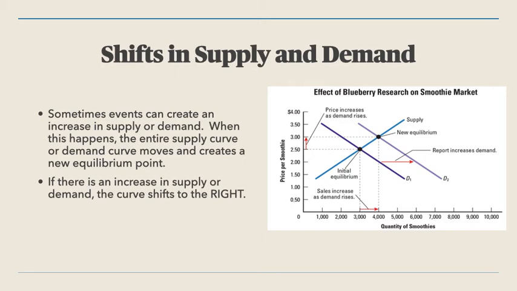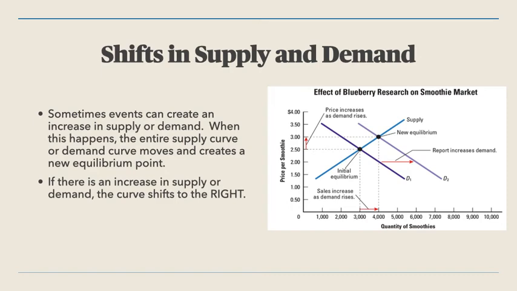When that happens, if there's an increase in supply or demand, the entire line moves to the right. And that's what we see here. So if everyone finds out that blueberries can help you live a healthier, longer life, then you can imagine the demand for blueberries is going to increase.